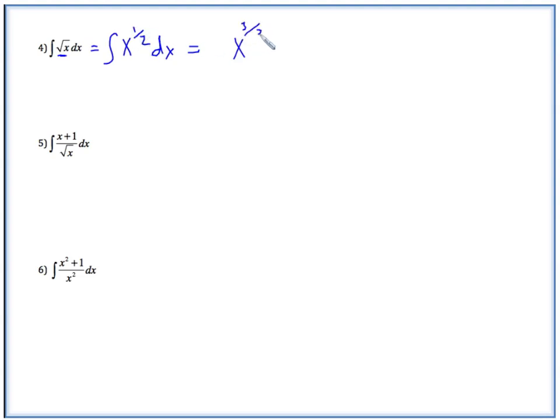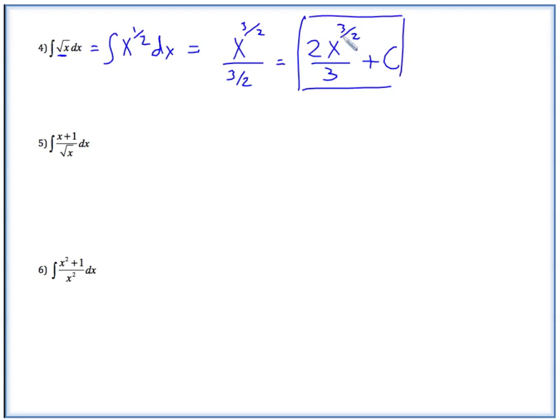So now we're at 3/2, and then we want to divide by that 3/2. Now just to rewrite this so it's a little more pleasing, we actually are going to get 2x to the 3/2 over 3. Okay, and this is also plus c.